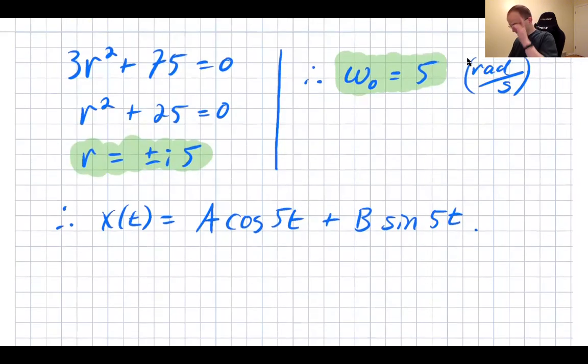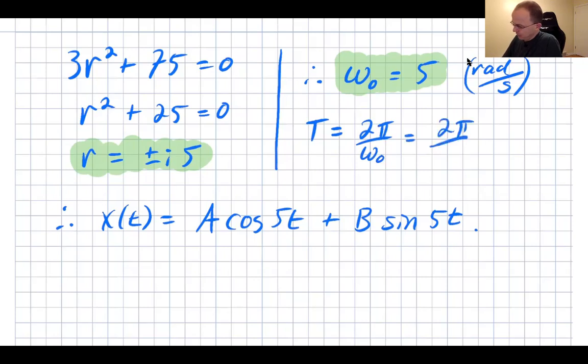Great. Already from omega naught, we know what the period is: the period is going to be equal to 2 pi over omega naught, in seconds.